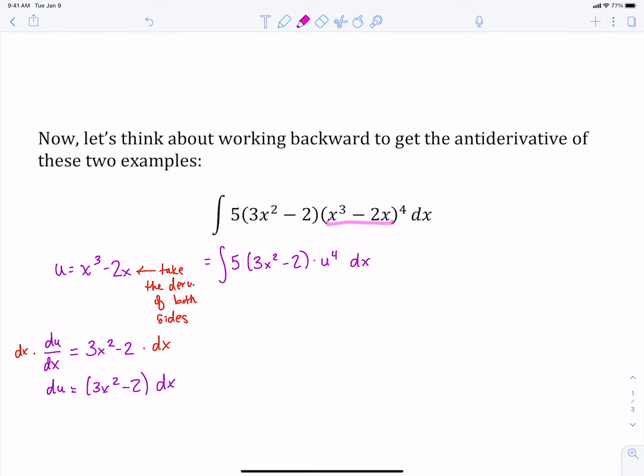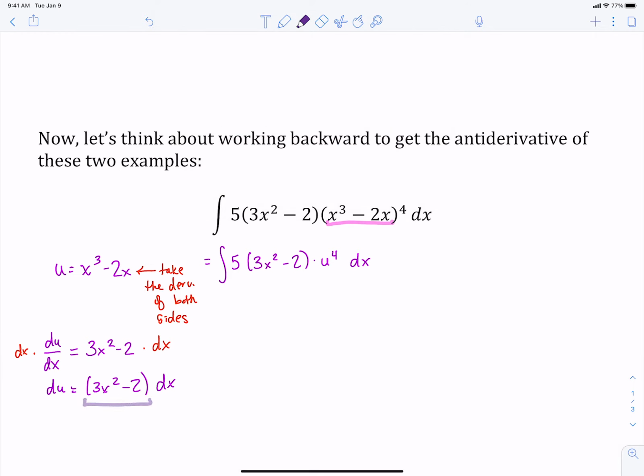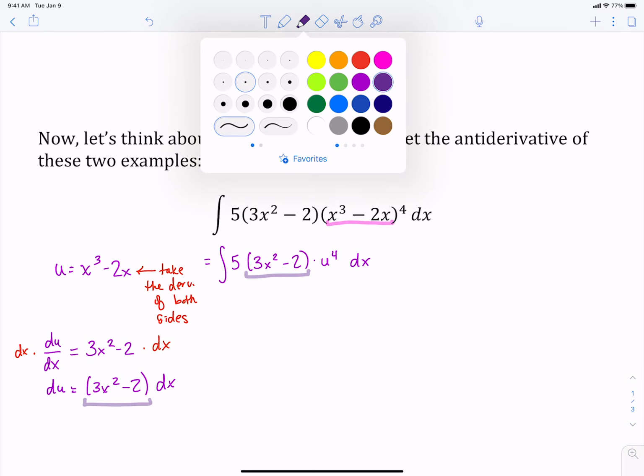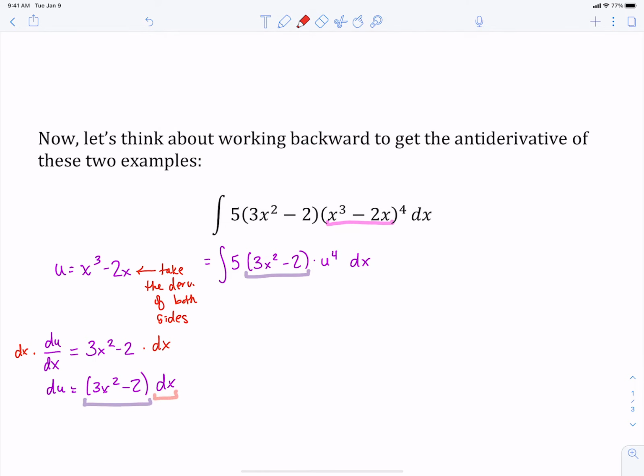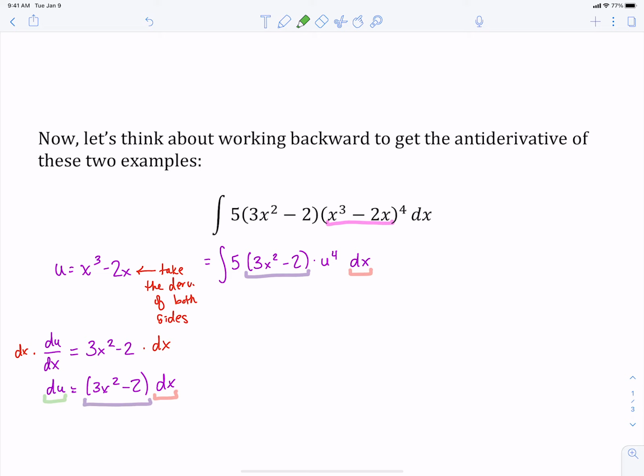So now if we look at these two pieces, we've got that 3x squared minus 2 sitting right there in our integral, and we've got dx sitting right there in our integral. And we're saying that this is going to be equal to du. So those two things that we've underlined in purple and red, we can replace in our integral with du because they're equal.